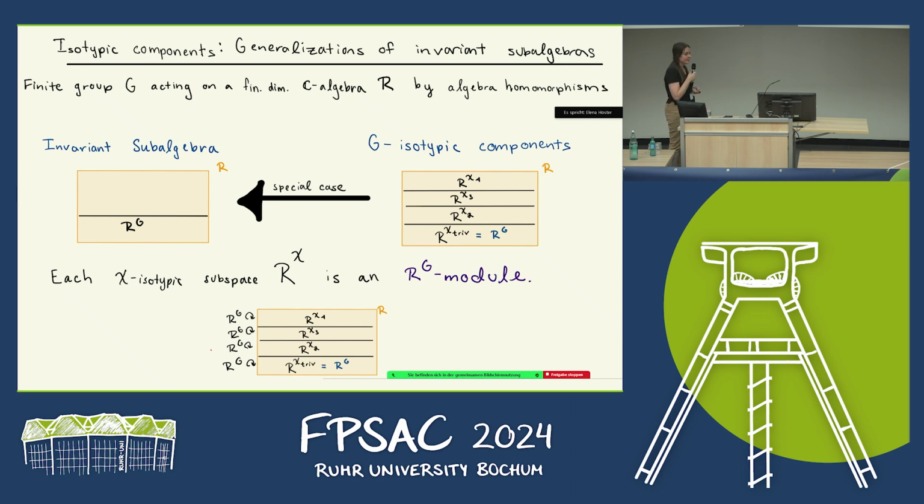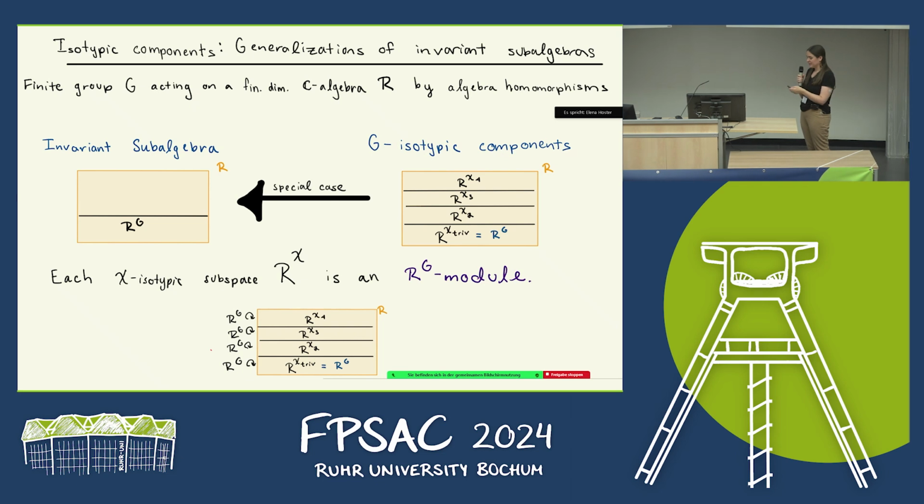Okay, so in addition to each isotypic component being a G representation, it also carries the additional structure of being a module over the invariant subalgebra. So we have all these little extra actions to study. And these are typical things to study in classical invariant theory.